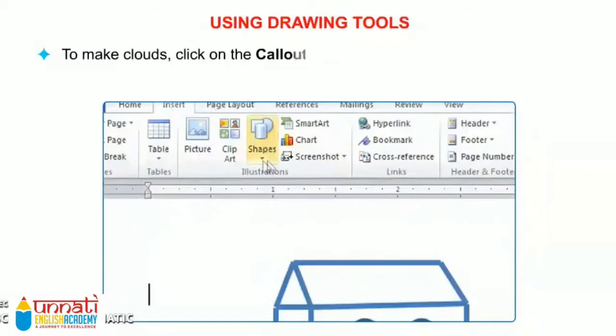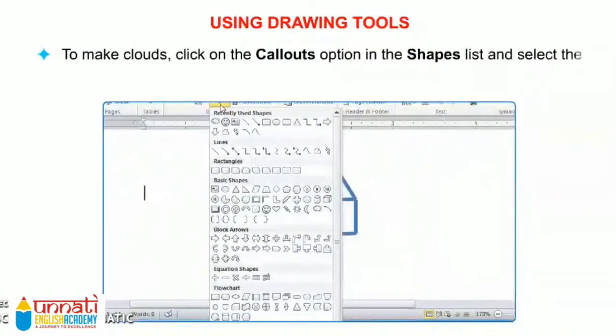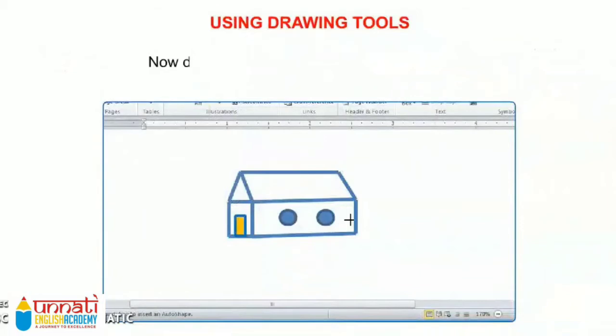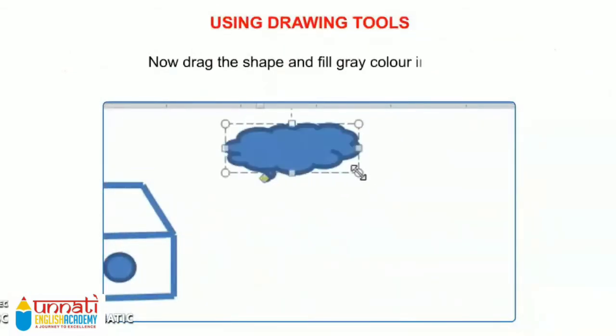To make clouds, click on the Callouts option in the Shapes list and select the Cloud callout. Now drag the shape and fill grey color inside it.